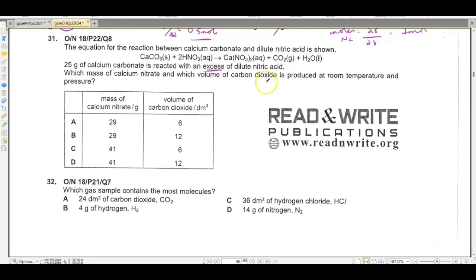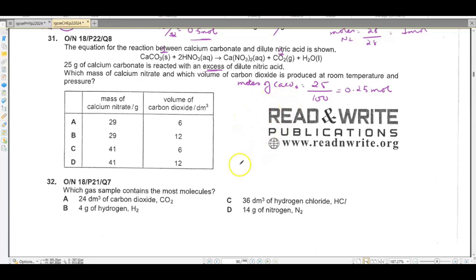So we need to find the moles for calcium carbonate because we have its mass. Moles of calcium carbonate would be 25 over Mr, which is 100. So 0.25 moles. From these moles we can find the moles for CO2 as they are in a similar ratio, so the moles for carbon dioxide would be the same as for calcium carbonate.